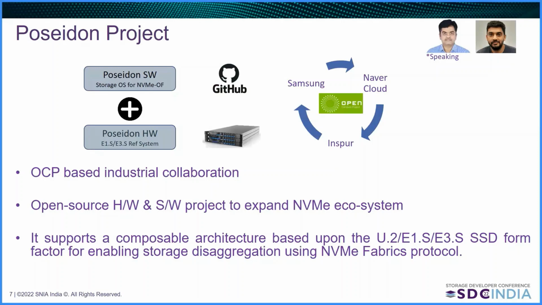It is equivalent to the Google Cloud in South Korea. The software part of Poseidon OS is maintained in GitHub as an open source project, whereas the hardware from Inspur is available, which is compliant with the OCP specification. It supports a composable architecture based upon the SSD form factors, enabling storage disaggregation using NVMe-oF protocol.